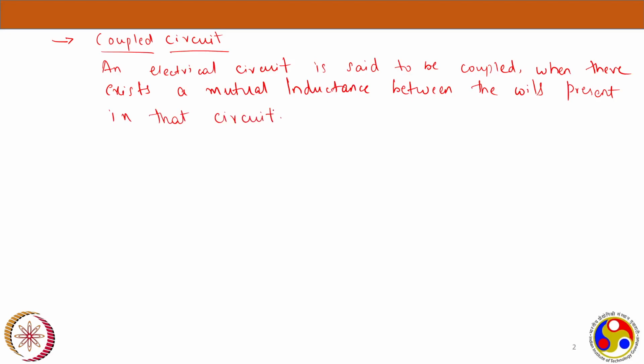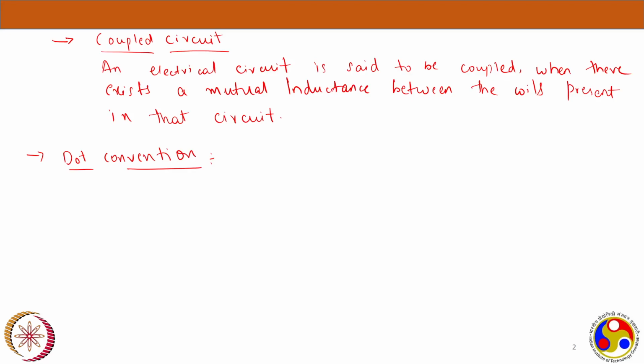Okay, now let's go right into the dot convention discussion. In this dot convention, we discussed a basic definition, but now we will get a more standard definition for it. This dot convention is a technique which gives details about voltage polarity at a dotted terminal.